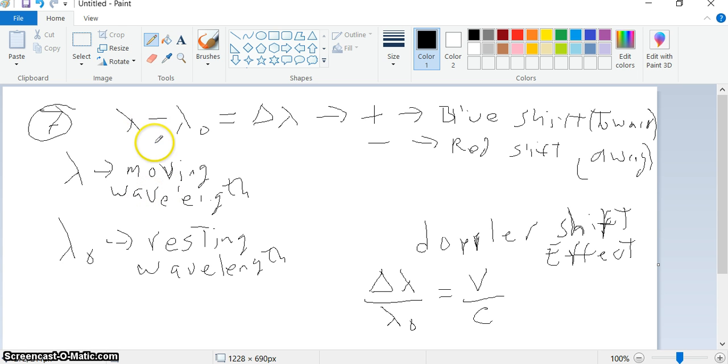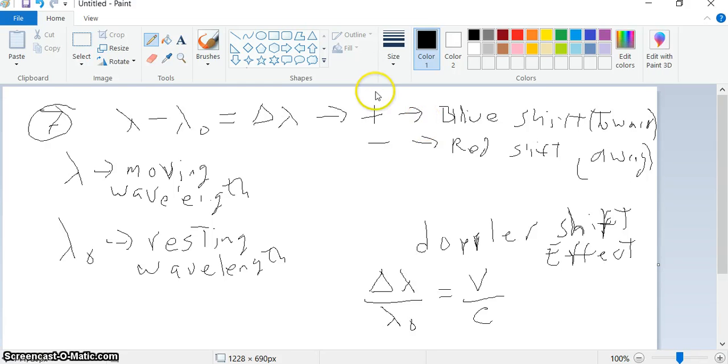If the moving wavelength is greater than the resting wavelength, then this delta lambda is positive, and that's said to be shifted. Sorry, in this case we're talking about light, but it's either way. The source and the observer are moving towards each other.